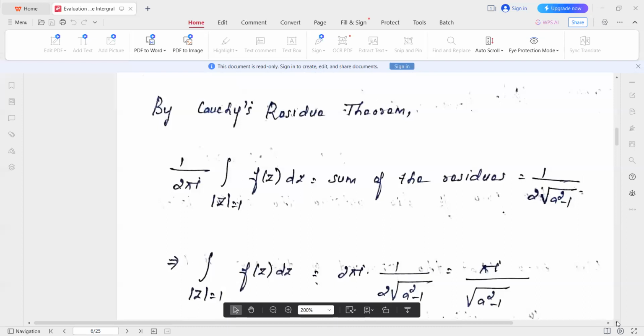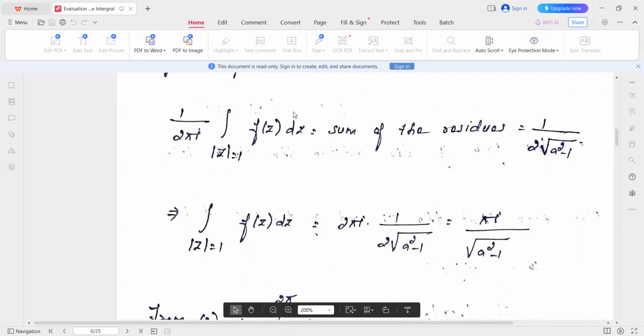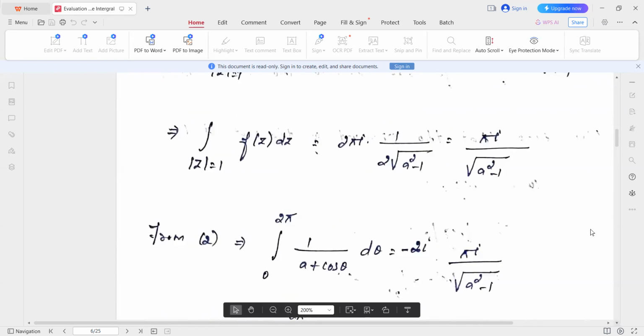From this we need only the value of the integral over mod z equal to 1 of f of z dz. So 1 by 2 pi i goes to the right hand side. It is equal to 2 pi i into 1 by 2 into square root of a square minus 1. By simplifying, we get pi i divided by square root of a square minus 1.